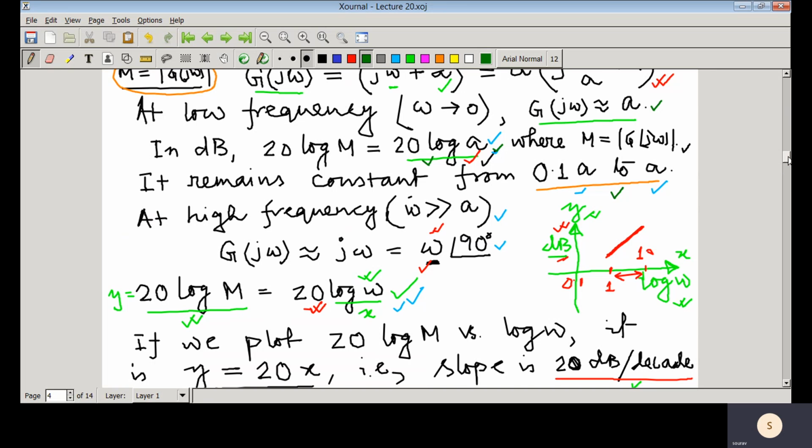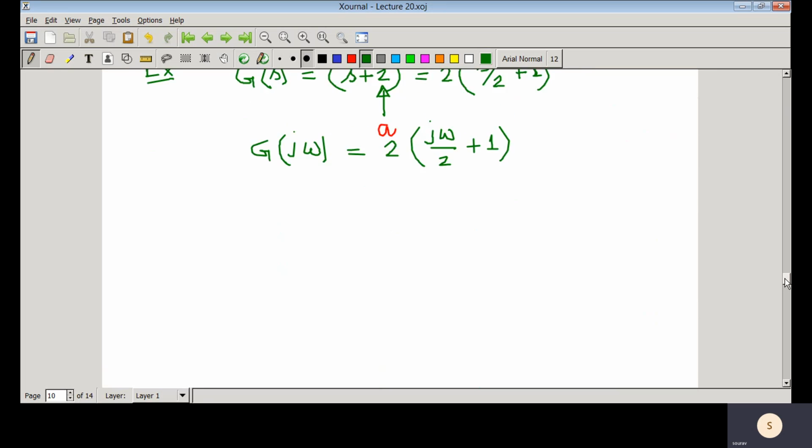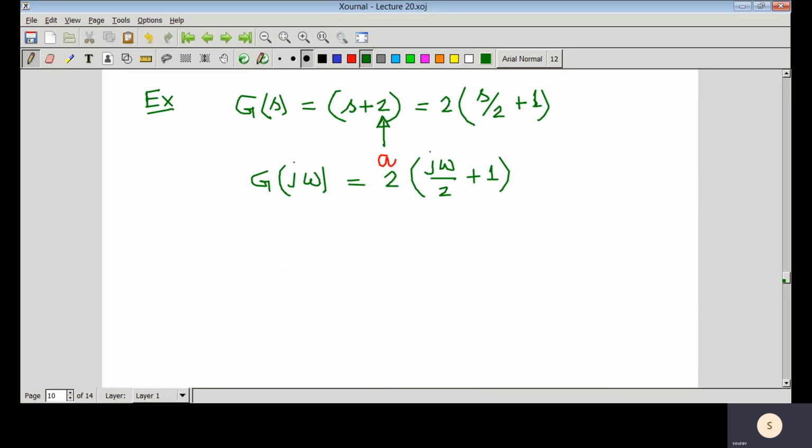So then if we plot that one, what do we get? We are just drawing that asymptotic Bode plot, and here we have log omega.